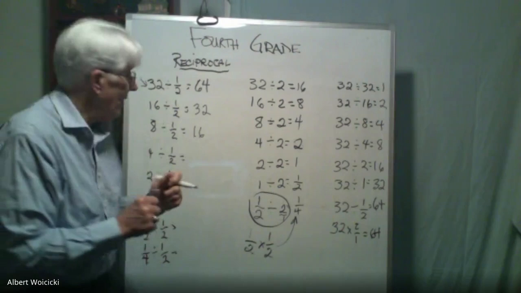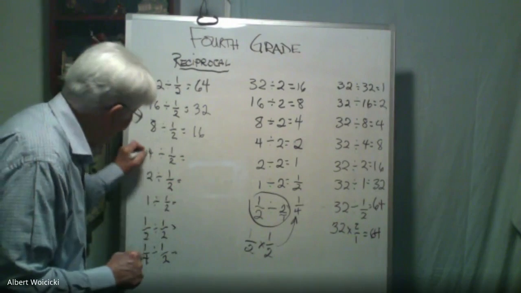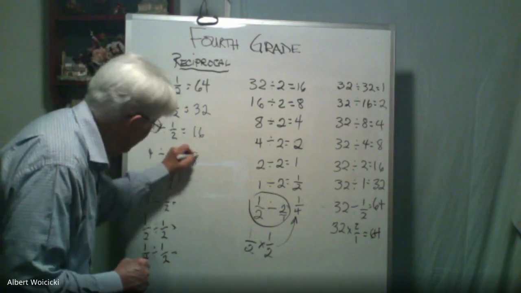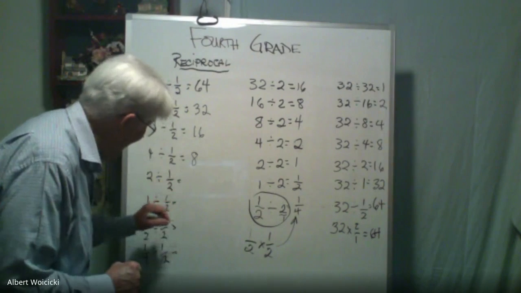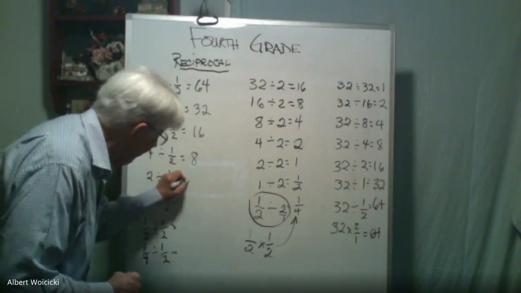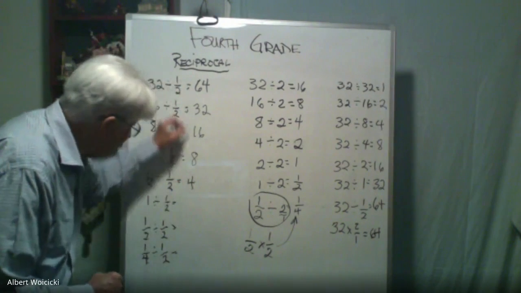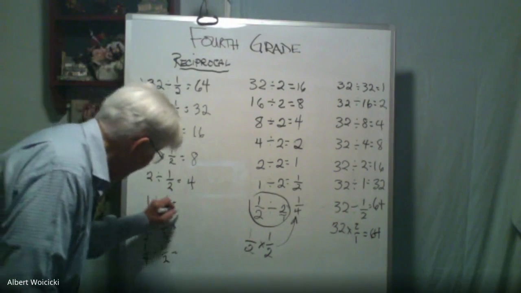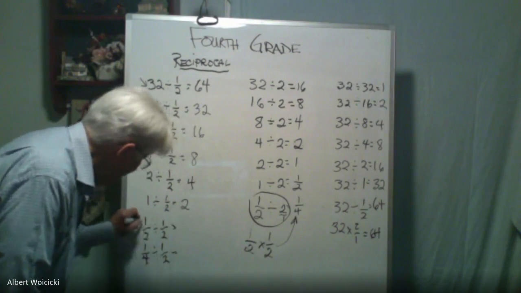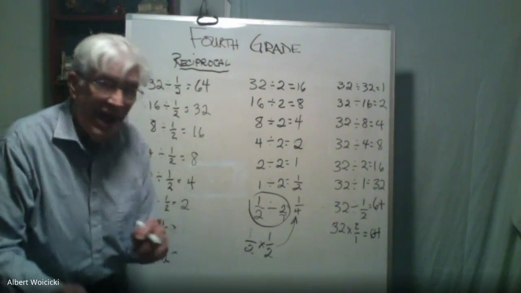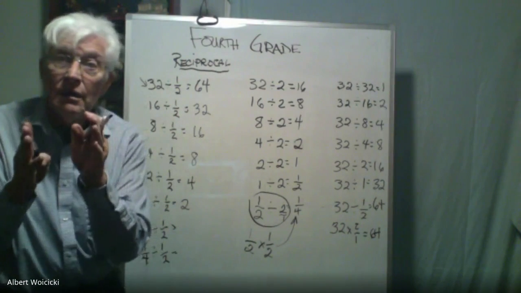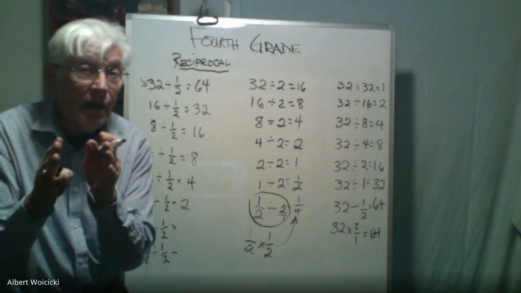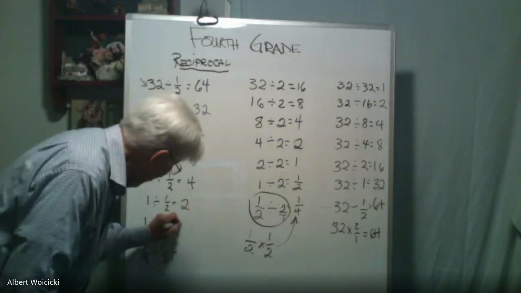So 4 divided by a half is 8. 2 divided by a half is 4. As our pattern continues, 1 divided by a half is going to be 2. And then a half divided by a half has to be our identity, 1.